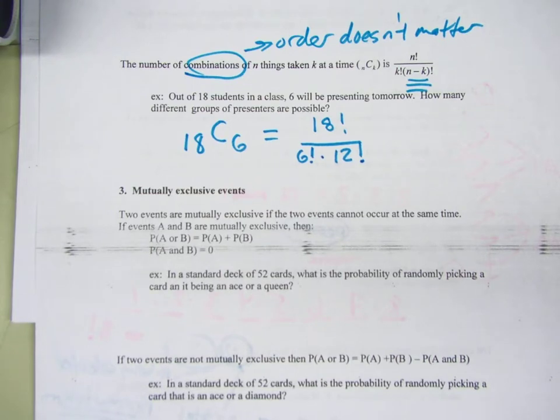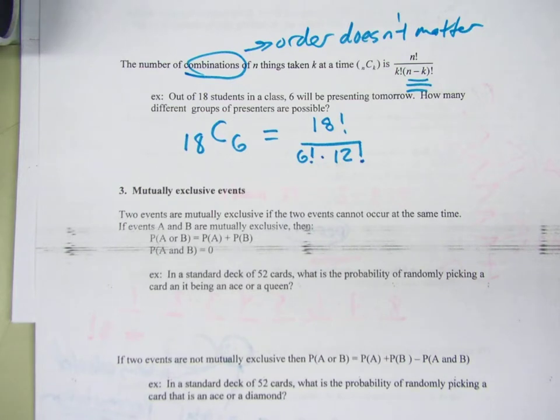For example, if I picked 6 people in this room, if I started here with number 1 and went up, 1, 2, 3, 4, 5, that way, that's the same group of people whether I start at the end and go this way or start at the beginning and go that way. Does that make sense? So this 6 factorial is you dividing out all the repetitions that are really the same group.